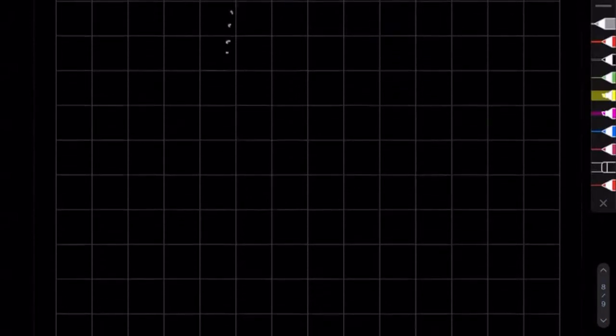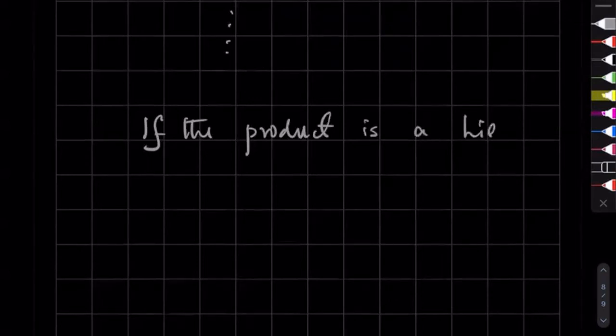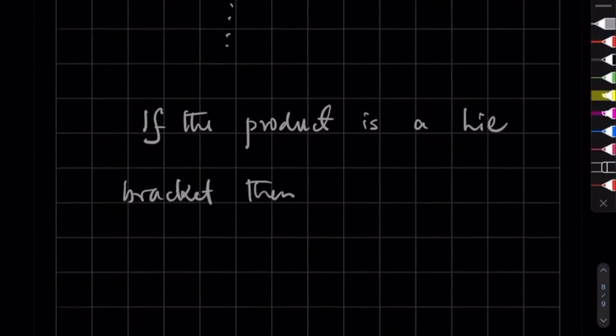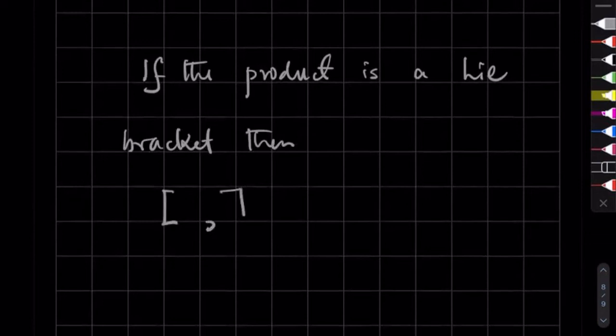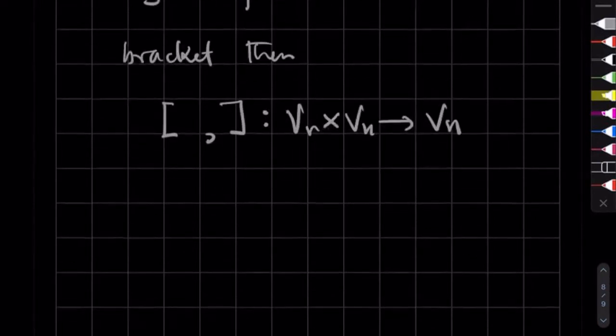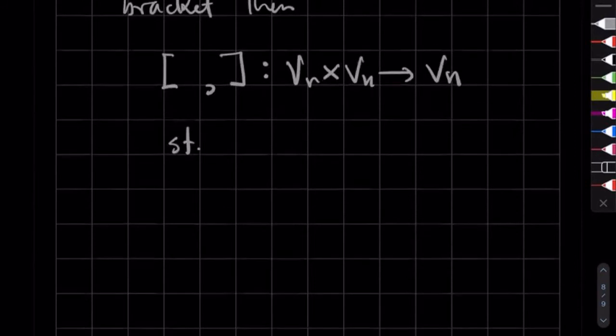Now, if the product is a Lie bracket, we usually denote it like this, and it's a product from V×V to V, such that if you take two elements of the vector space, it's skew symmetric.